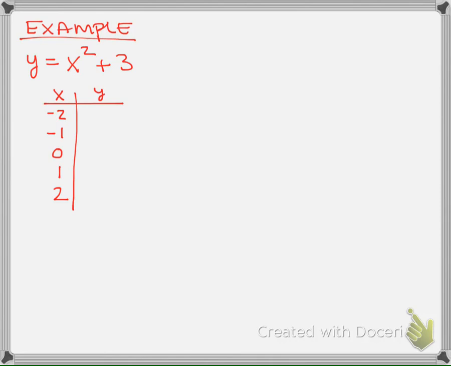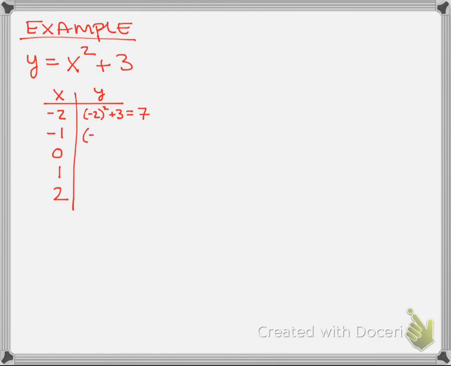what y is. So the first one, I'm going to substitute -2 in for x, square it, and then add 3. In this case, -2 squared is 4, plus 3 gives me 7.